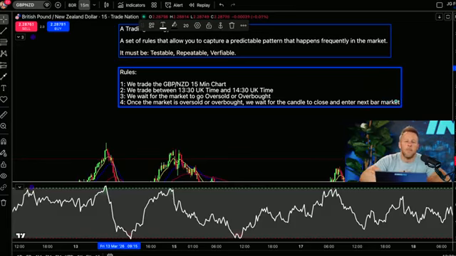Now what that means is we wait for the candle to close and then we just get in. We just buy at market or sell at market, okay?